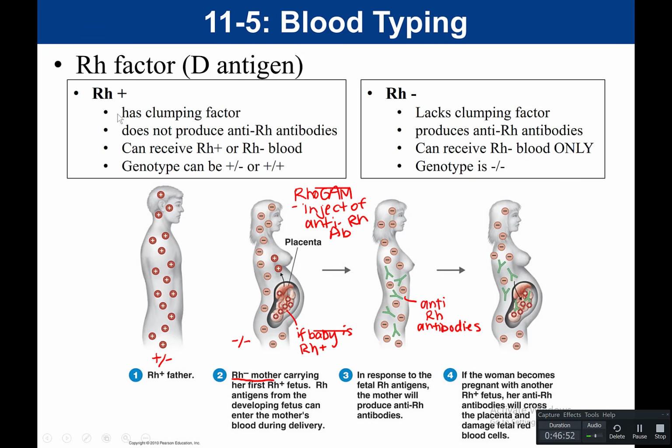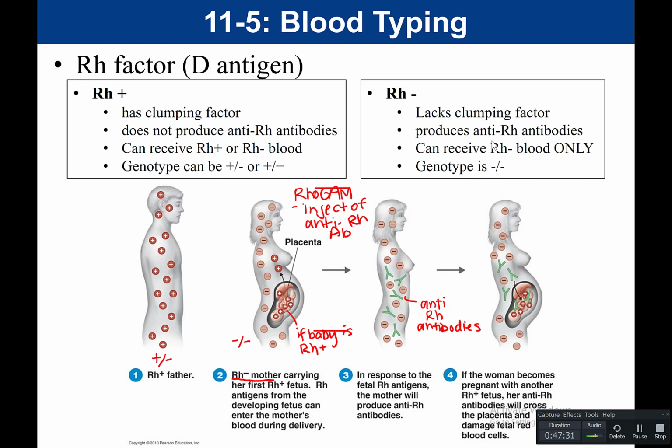And in order for somebody to be Rh positive, they could be positive negative, meaning one parent gave the positive allele, one parent gave the negative, or Rh positive could be both positive alleles, so each parent gave the positive allele. Rh negative is going to lack the clumping factor. It's lacking that D antigen. Somebody who is Rh negative is going to produce anti-Rh antibodies because Rh is seen as foreign. Somebody who is Rh negative can only receive Rh negative only blood.